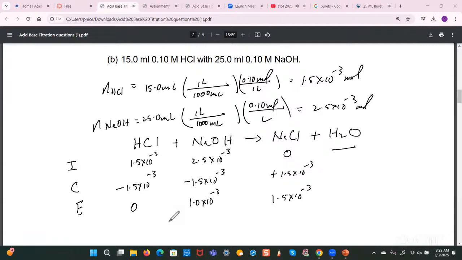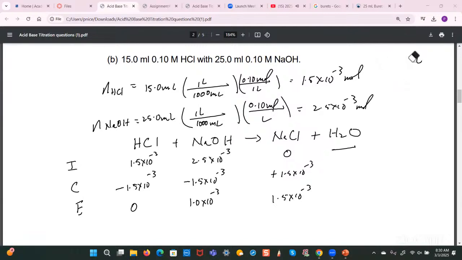Concentration of each. Okay, so to find the concentration of the hydronium, which is the same thing as the concentration of the HCl, right? That will be equal to the moles, which is, in this case, 1.0 times 10 to the minus 3. No, I'm sorry, not HCl. Actually, in this case, and this is a bit of a departure from what we did, let me just erase this here.